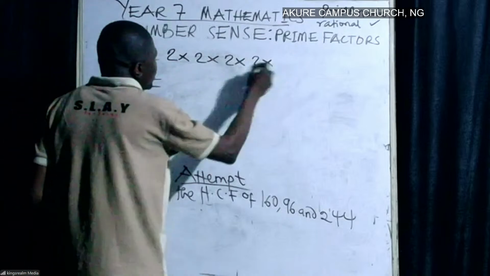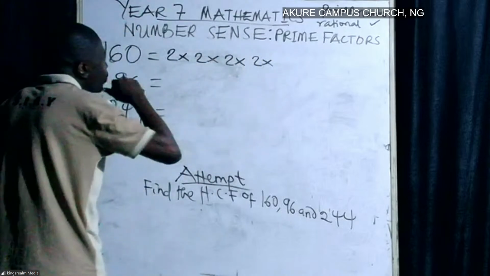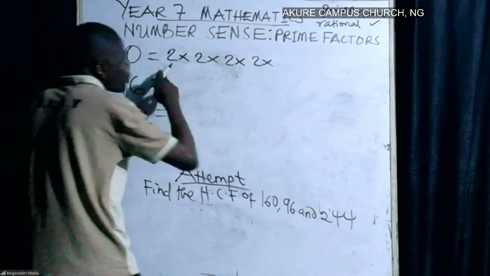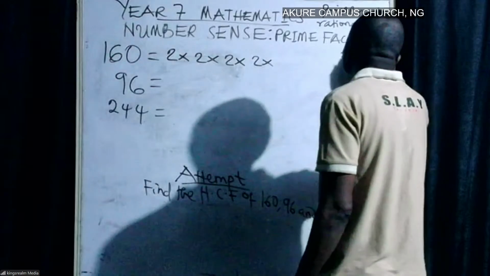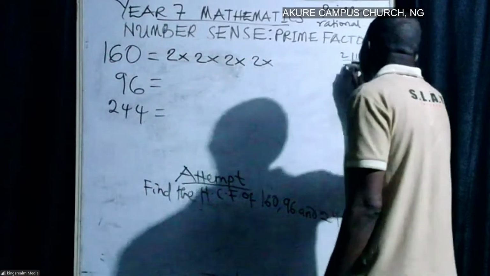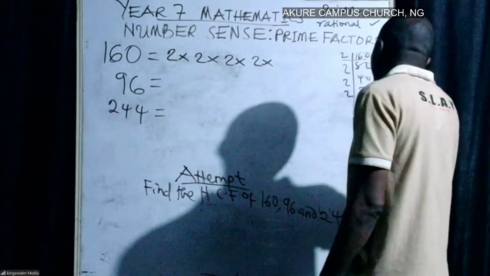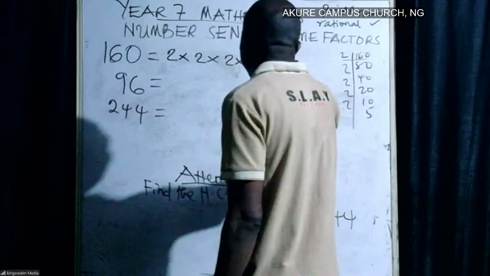And 2 in 10 gives us 5. So if we break 160 down, we have 2, 80, 40, 20, 10, and 5. So this 2 is 5 times.